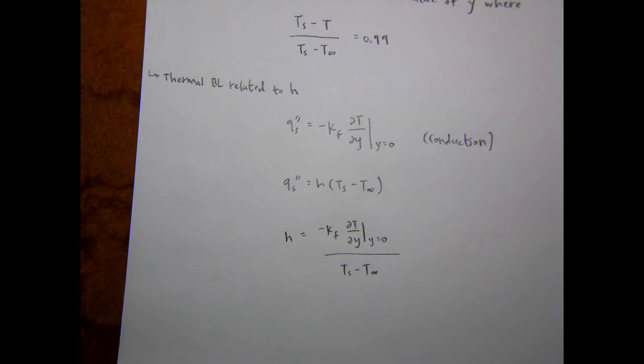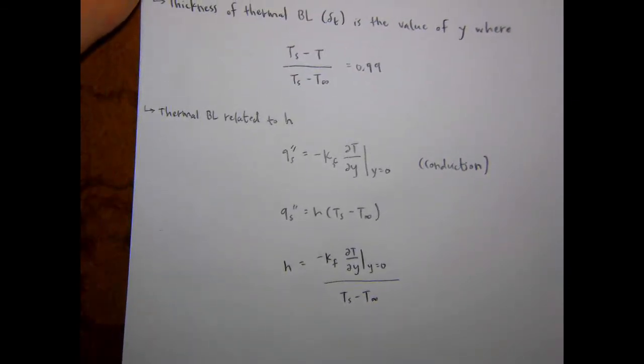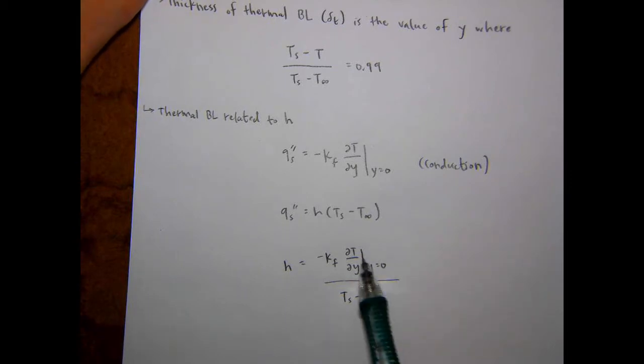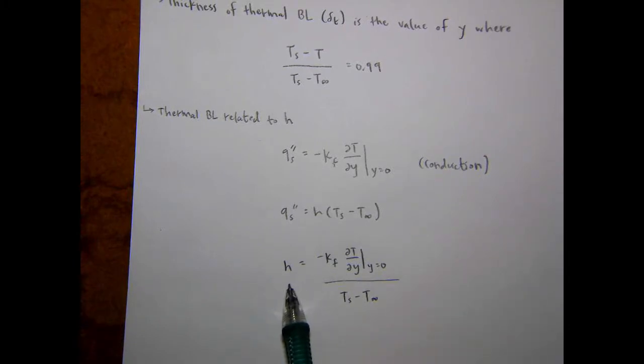So the nature of the boundary layer determines this temperature gradient, partial T, partial y. So it determines how the temperature changes in the y direction, and that directly impacts the convection coefficient. So it's why we care about what's happening in the thermal boundary layer, as it affects convection.